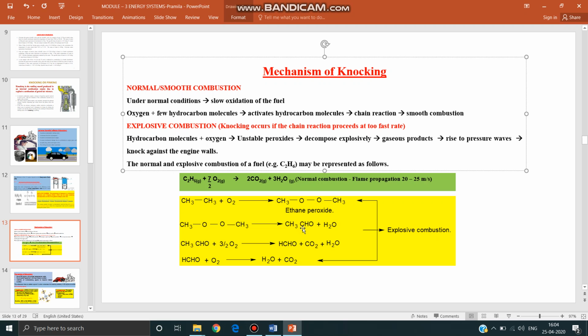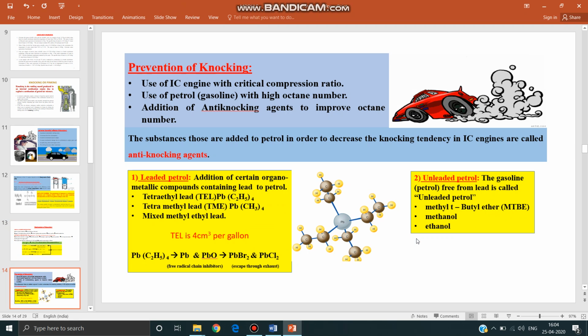If you add all these products, you get this particular reaction. So this is what happens in the case of explosive combustion, mainly due to the production of peroxides. How do we prevent knocking? Prevention of knocking, that we will see in the next video.